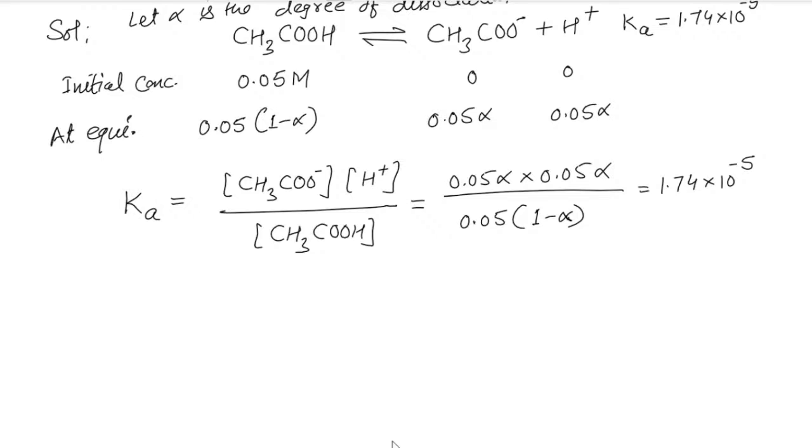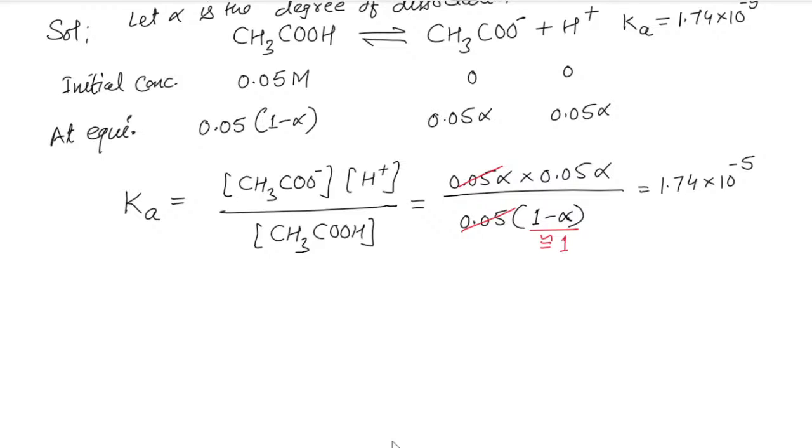So what would we get? Obviously 0.05 cancels, and 1 minus alpha is roughly 1, because Ka is very small, so alpha can be neglected as compared to 1.